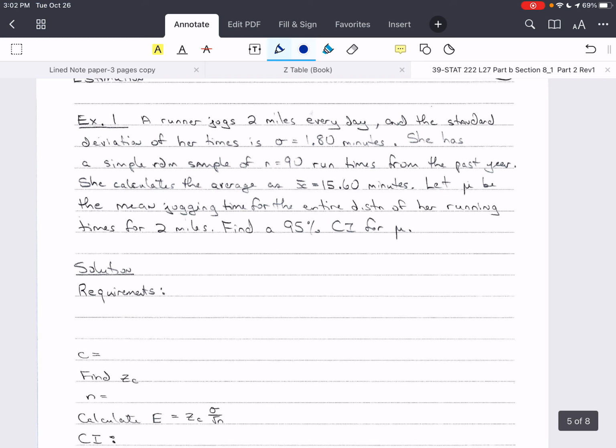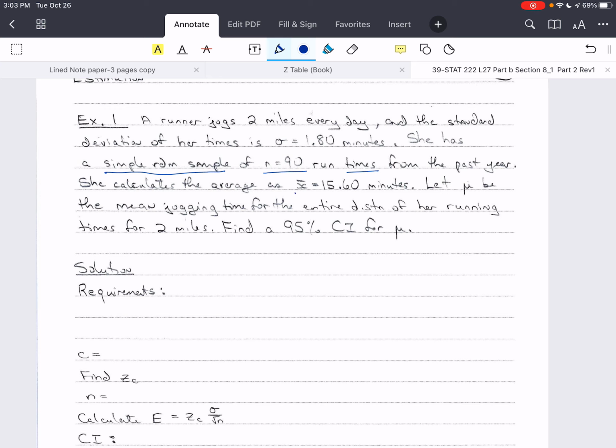We have a runner that jogs 2 miles every day, and she has measured her standard deviation as 1.8 minutes for the entire time that she's been running. And she takes a simple random sample of n equals 90 times from the past year.